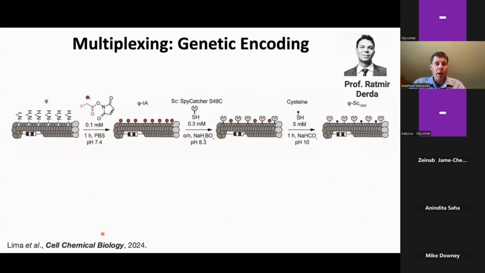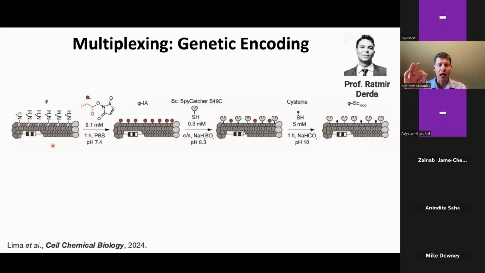And so this is really quite reminiscent of work that we've already published with Professor Ratmir Derda. And I'm not going to go into great detail, but hope you know of their work using bacteriophage and chemically derivatizing the bacteriophage.